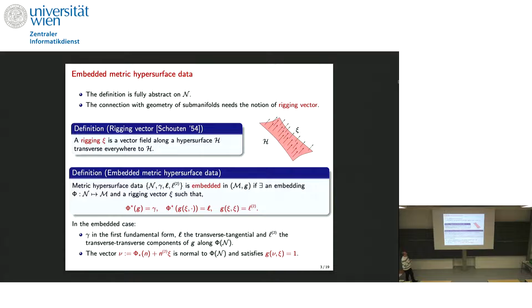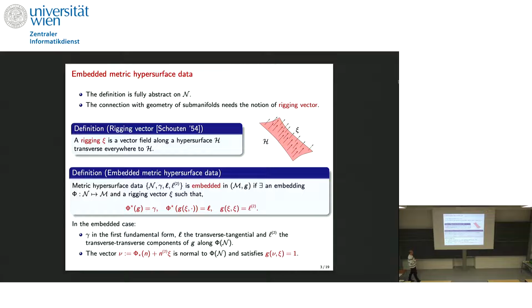In this expression, it's clear what gamma is: you should think of gamma as the tangential directions of the ambient space metric. L encodes the transverse-tangential directions of the ambient space metric, and L squared is just the transverse component of that metric. And it's then a very simple computation to show that this vector nu, which is the push forward of N plus this combination with the rigging, is the normal to the hypersurface that satisfies this condition.